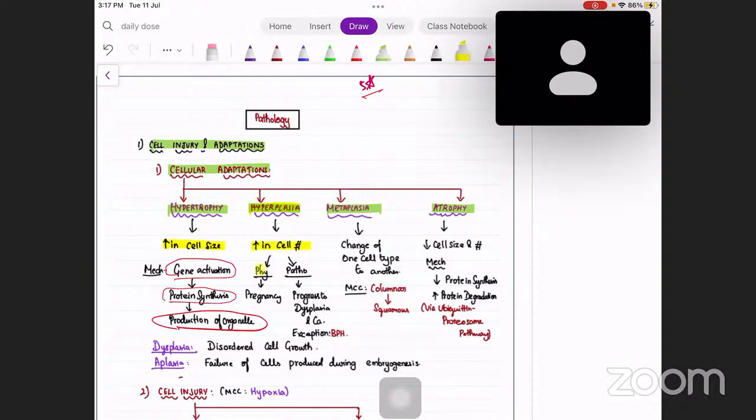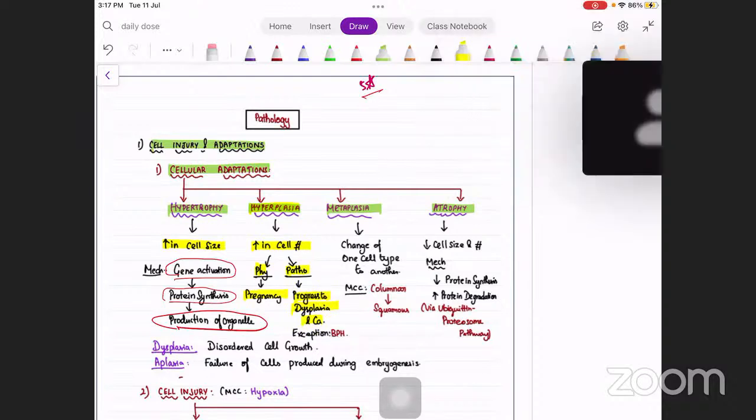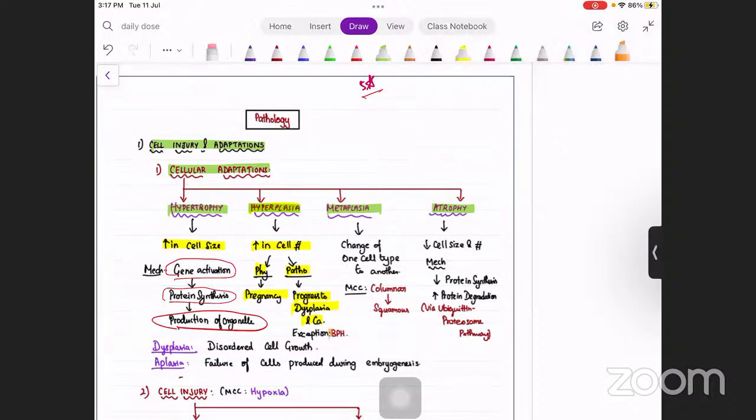One classical example of physiological hyperplasia is pregnancy. Most pathological hyperplasia may progress to dysplasia and cancer. Very, very important exception: BPH, because it can never progress into cancer.